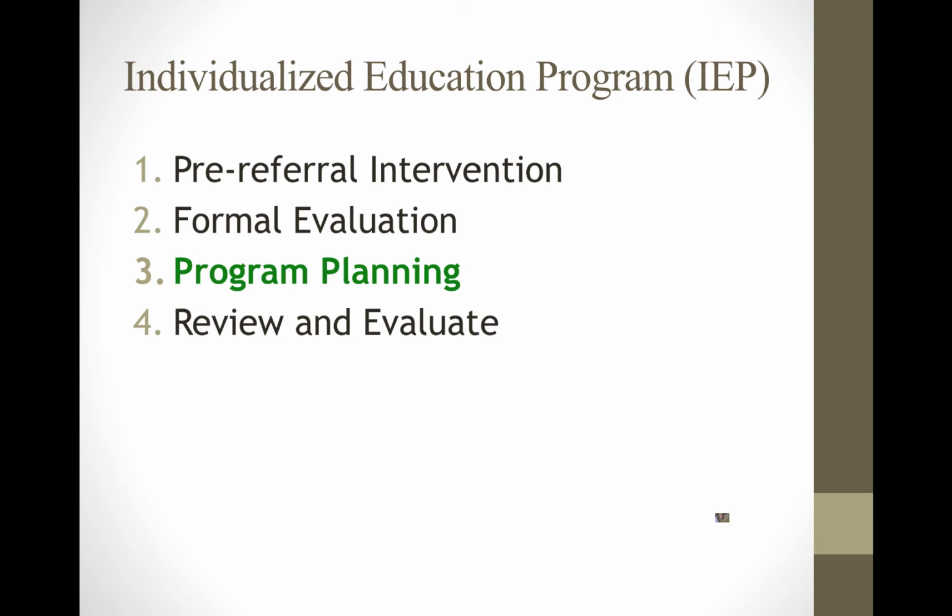Right? And then if the student continues to struggle in that step, then they move on to the formal evaluation, which is run by the school psychologist. And that is the creation of that very large document that we looked at last week called the Evaluation Team Report, or the ETR. And then we are moving on to creating that IEP in a timely manner.